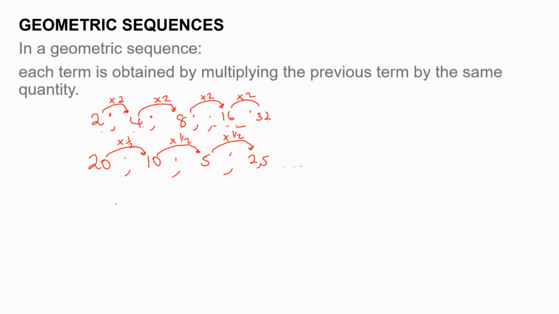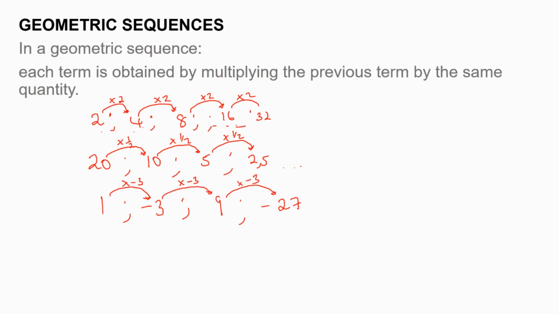We can also have a geometric sequence like this. Say 1, -3, 9, -27, and then it goes on like that. So what are we multiplying with here? We're multiplying 1 times -3, -3 times -3, 9 times -3.